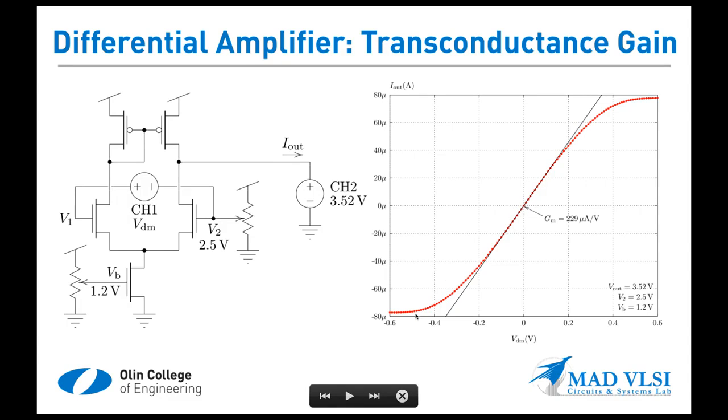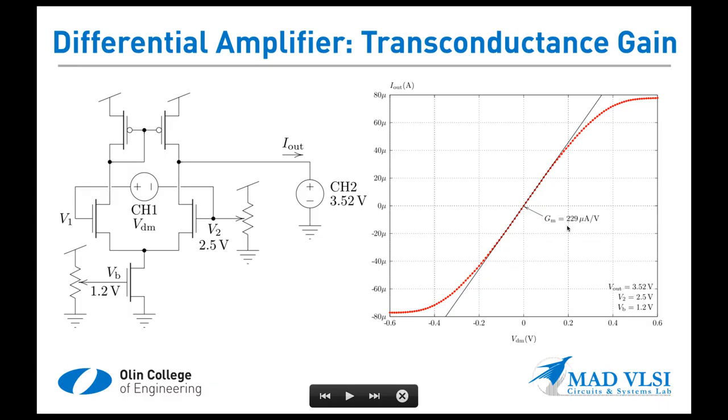And you can see that with the above threshold bias, we have a wider linear region here before it saturates, and the slope of the tangent line here is 229 microamps per volt. Alexa, what is 0.229 times 454? 0.229 times 454 is 103.966.